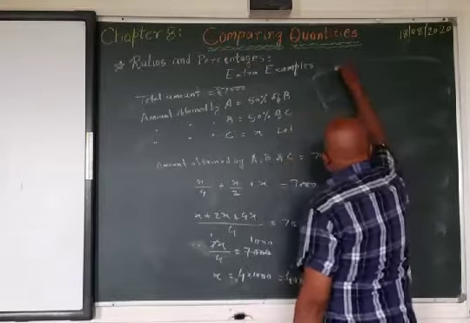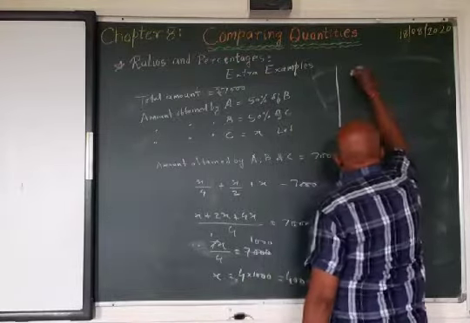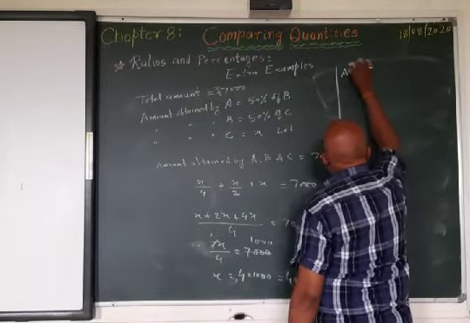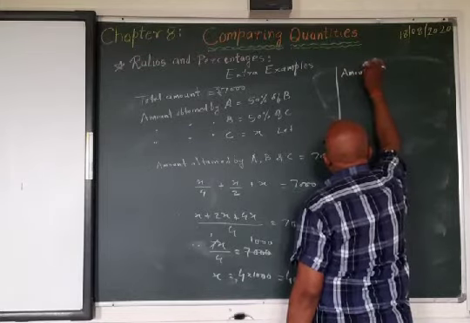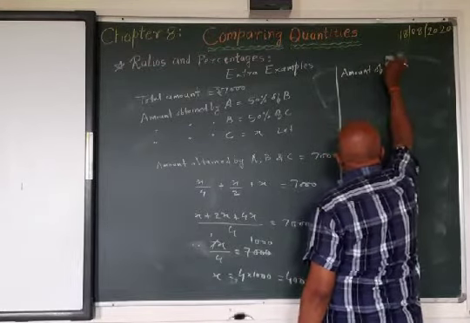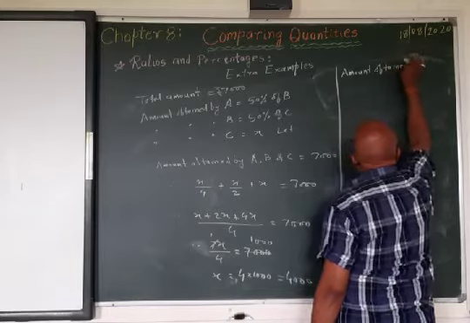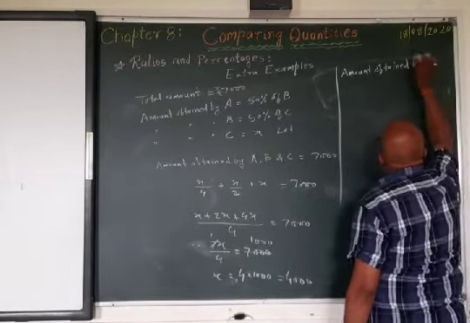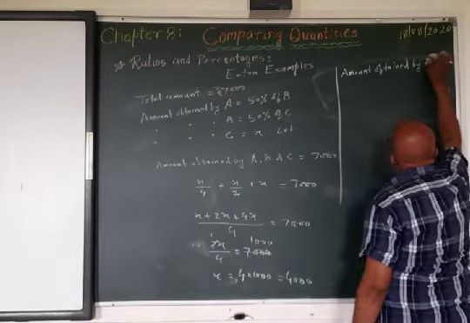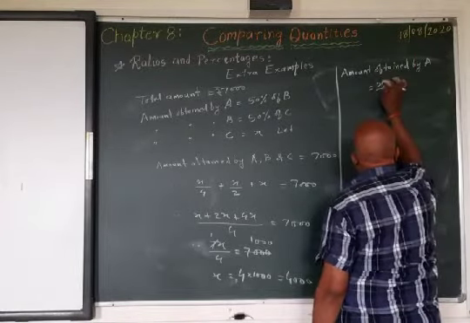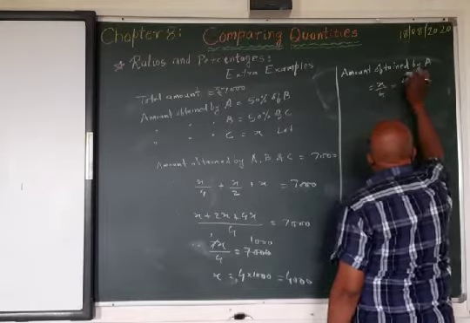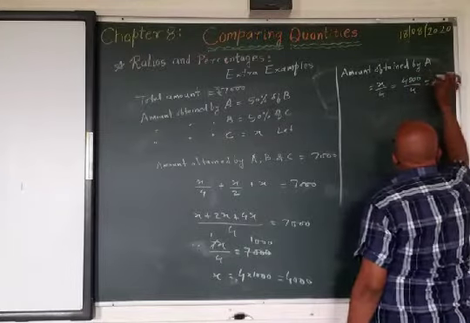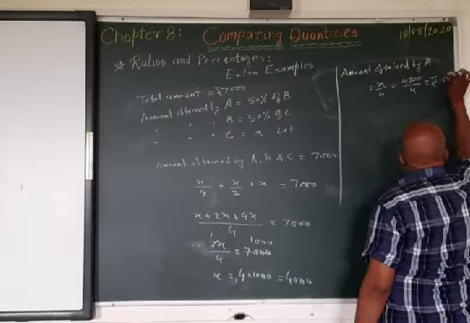Now, finally, amount obtained by A equal to X upon 4 equal to 4,000 upon 4 equal to rupees 1,000.